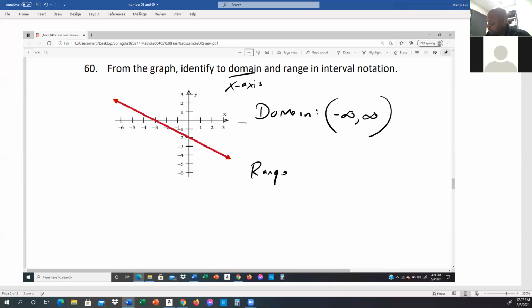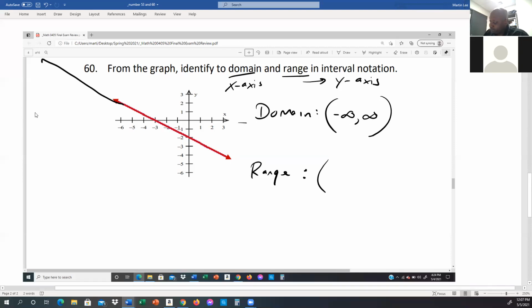And now for the range, we look at the y-axis from bottom to top. Well, since this graph is continuing on in this direction, I start at my origin and go down on my y-axis.